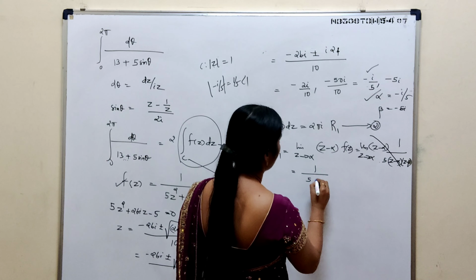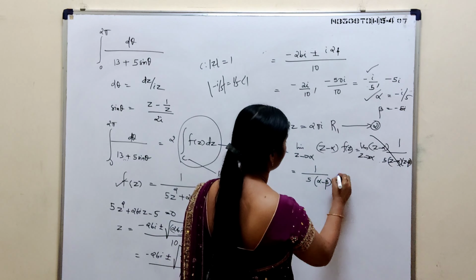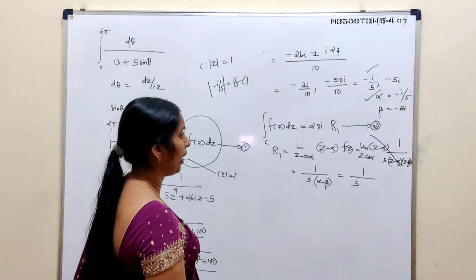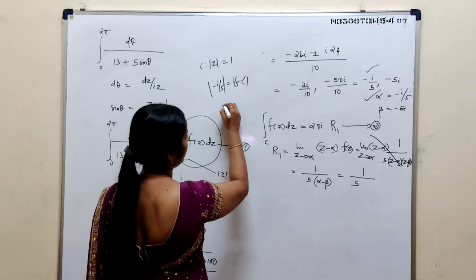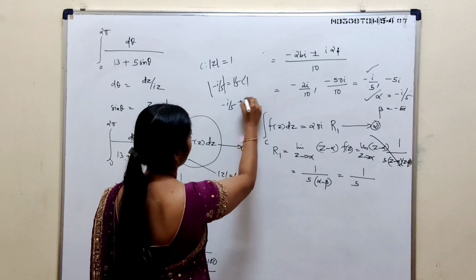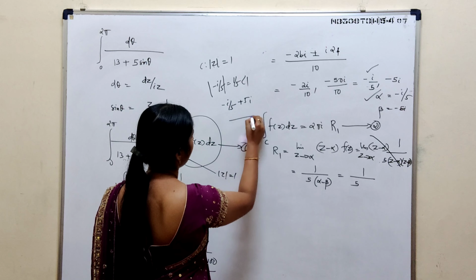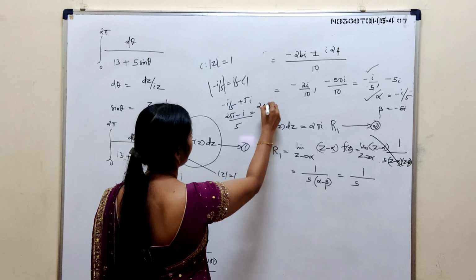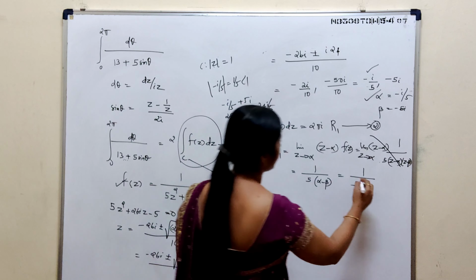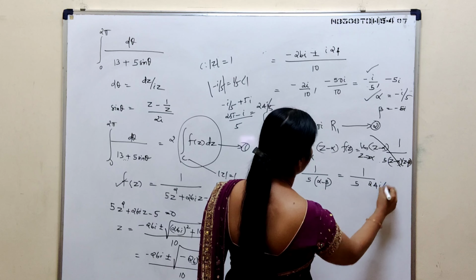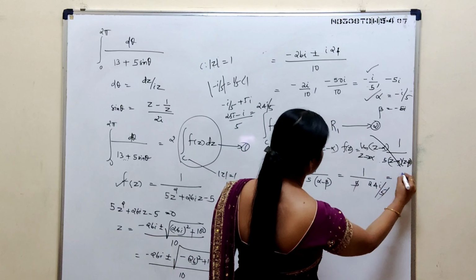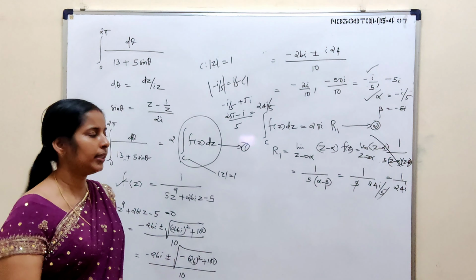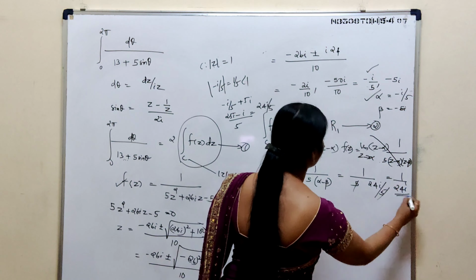You can see this 1 by 5 into alpha minus beta. What is alpha minus beta? Alpha minus beta is minus i by 5 plus 5i. You take 5 LCM, 25i minus i, that is 24i by 5. 5 will cancel. You can see the residue is 1 by 24i.